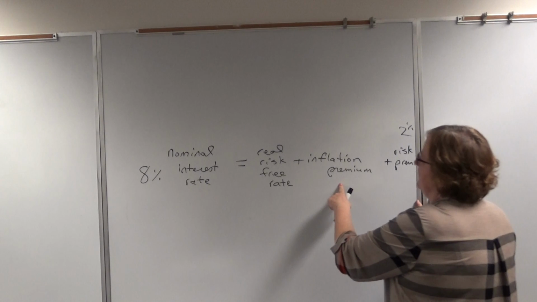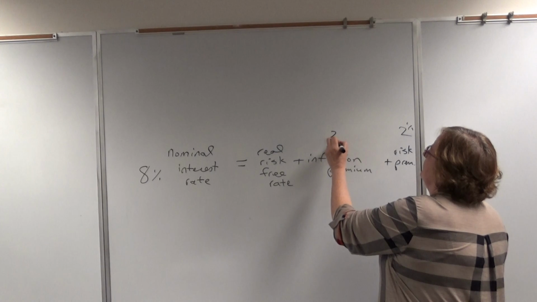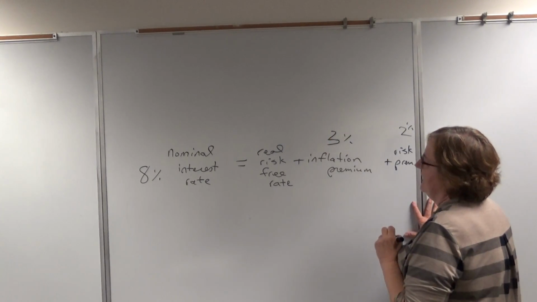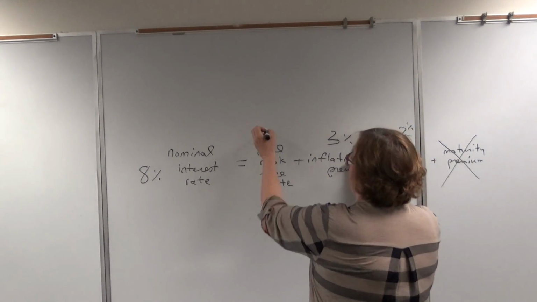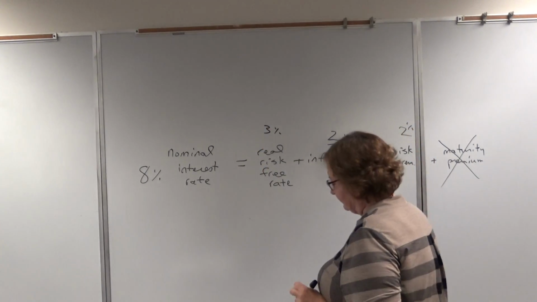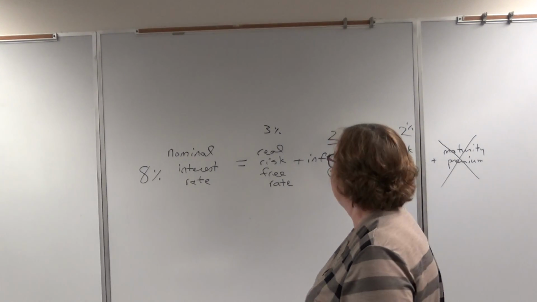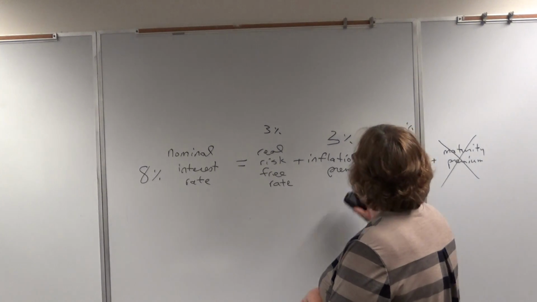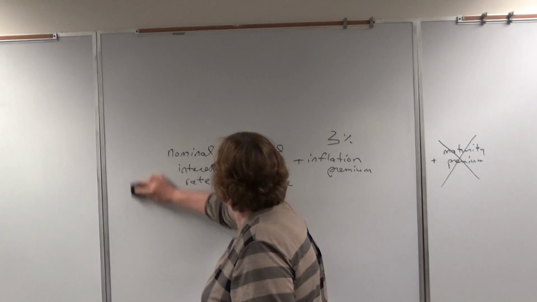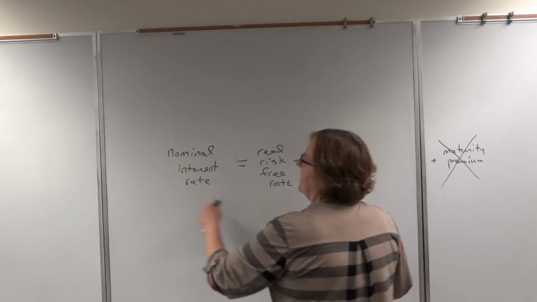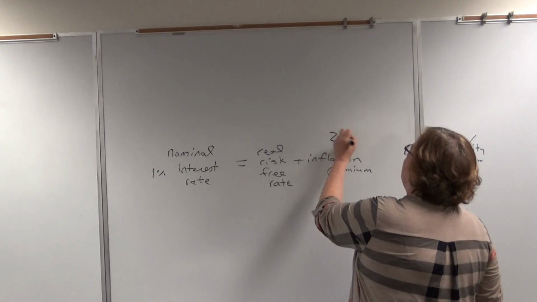The inflation premium, let's say they think it's going to be 3%, because they want to get their money back if there's inflation, and then whatever's left is the real risk-free rate. But we've always said that the U.S. government borrows at the risk-free rate. So what if the nominal rate is 1% and we're expecting 2% inflation?